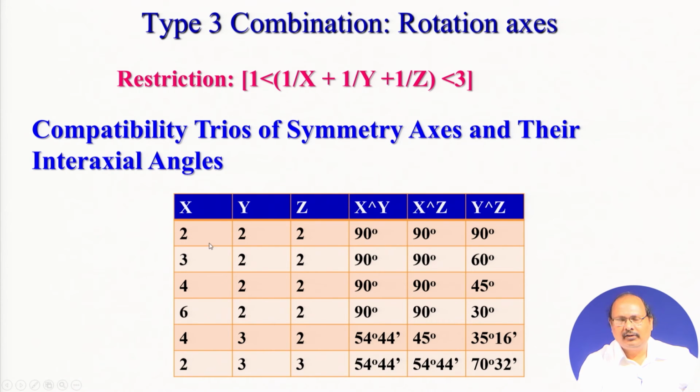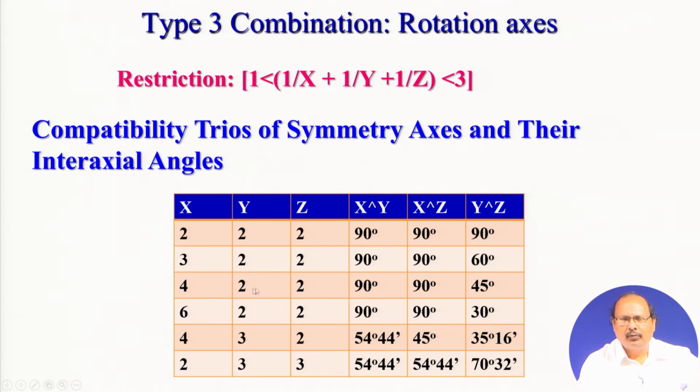The angle between these axes is 90 degrees. In case of 3, 2, 2, you have a 90 degree angle between 3 and 2 and 3 and 2, and the angle between the horizontal two-fold axes, which are in the horizontal plane, is around 60 degrees or 120 degrees, the complementary. In case of 2, 2, 2, this y and z are in the horizontal plane.